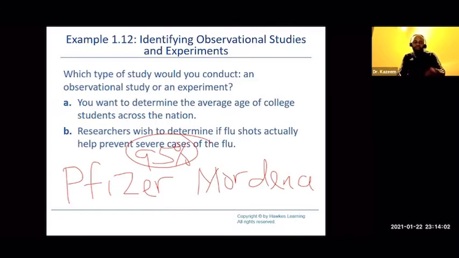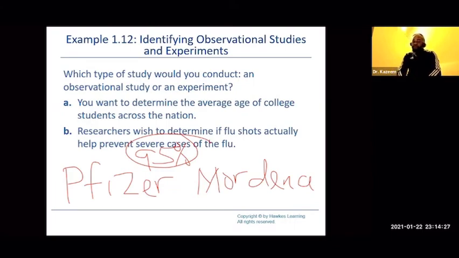So the 95% efficacy rate actually means that out of 100% of those that were used in their clinical trial, vaccinated and exposed to COVID, 95% were able to prevent COVID.